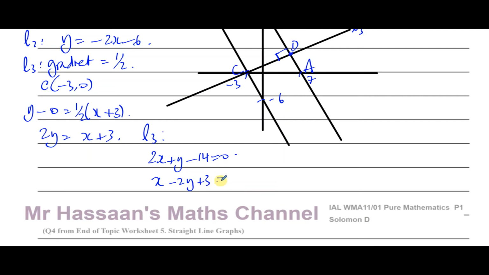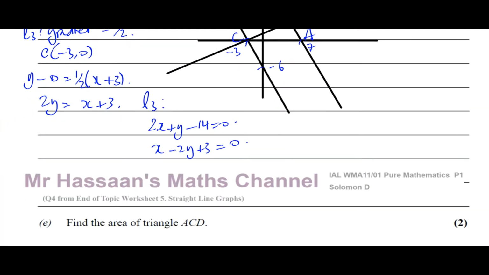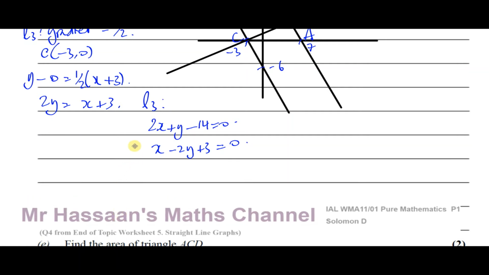I have to use either substitution or elimination. I think I'll use elimination. I can make the y's the same by multiplying the top equation by 2. So I have 4x plus 2y minus 28 equals 0.